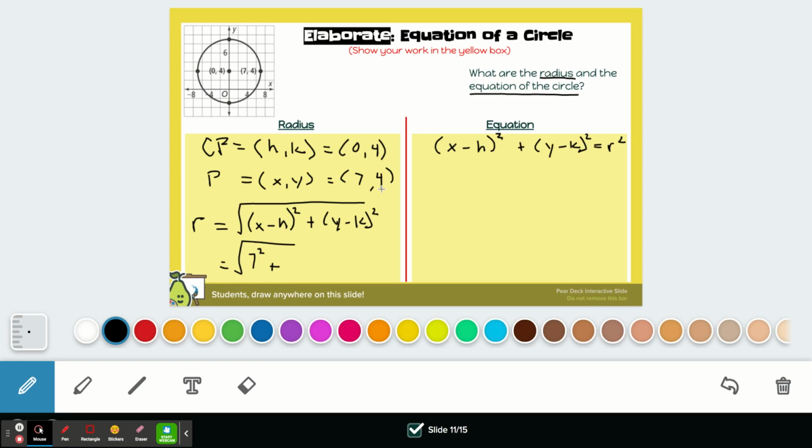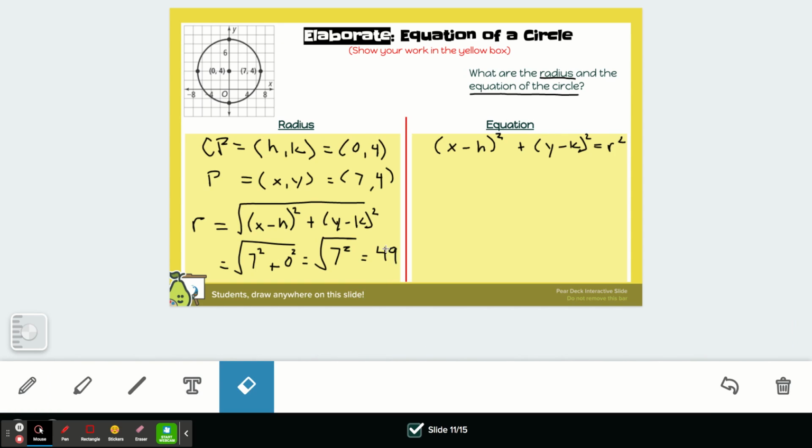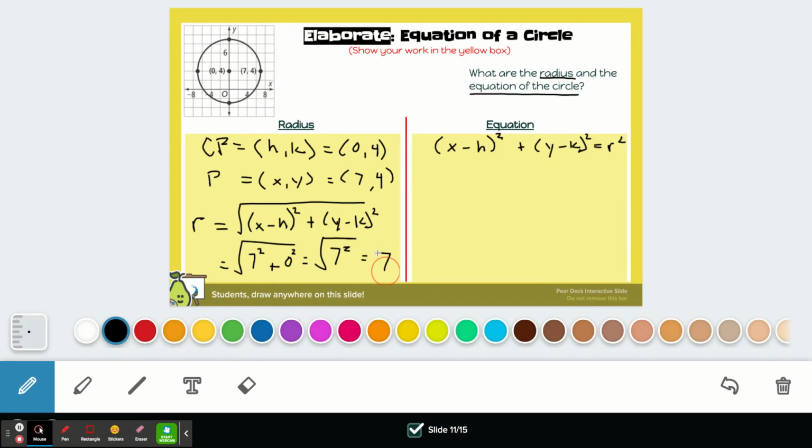And then 4 minus 4 will give me a 0 squared. Well, that's just equal to the square root of 7 squared. 7 squared is 49. The square root of 7 squared will give us 7, not 49. Remember, square roots cancel squares. So my radius here is 7.